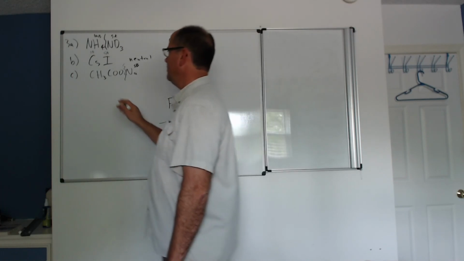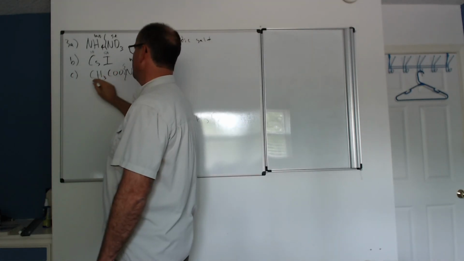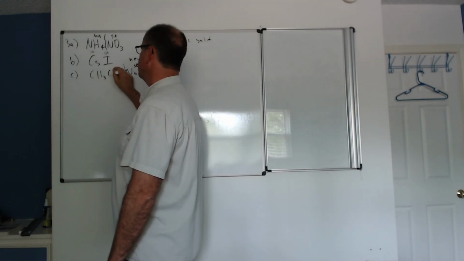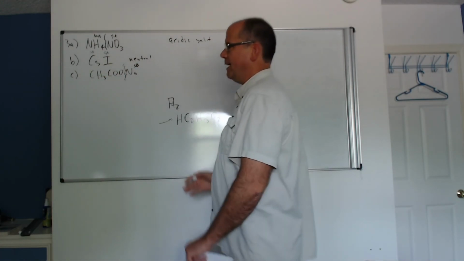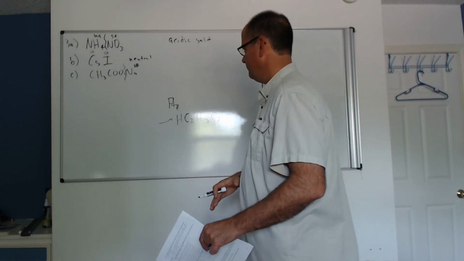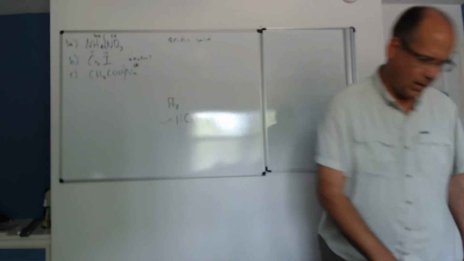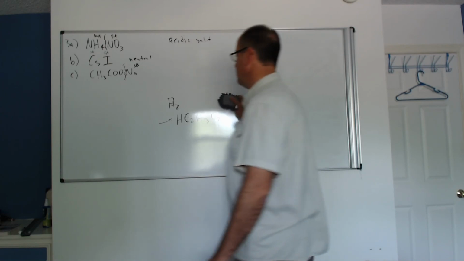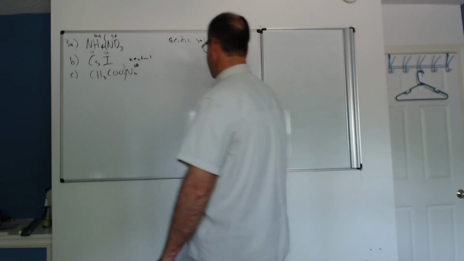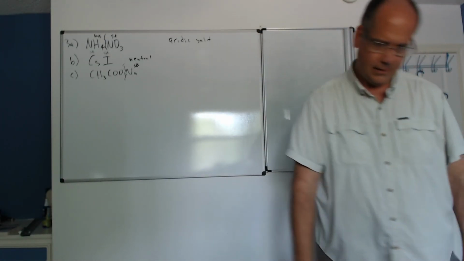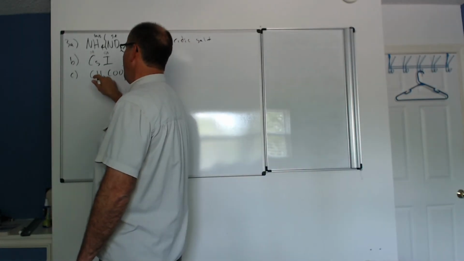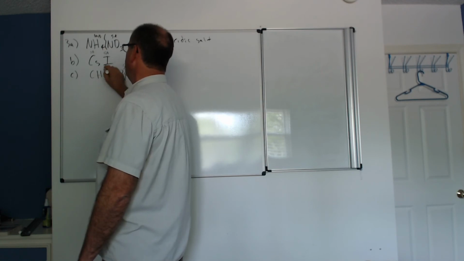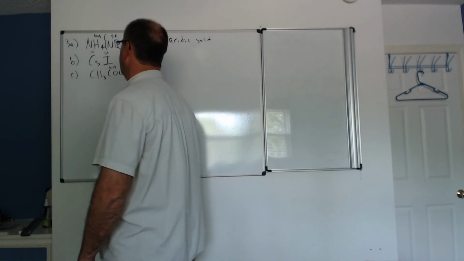But definitely you're recognizing that this CH3COO is the acetate ion, which came from acetic acid. And because you memorized what the 6 strong acids are, you realize that acetic acid is weak. So this is the anion of a weak acid.